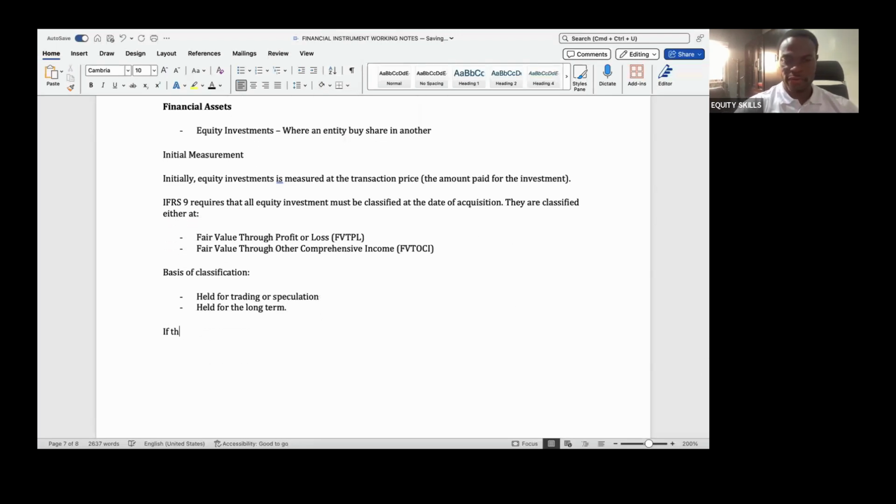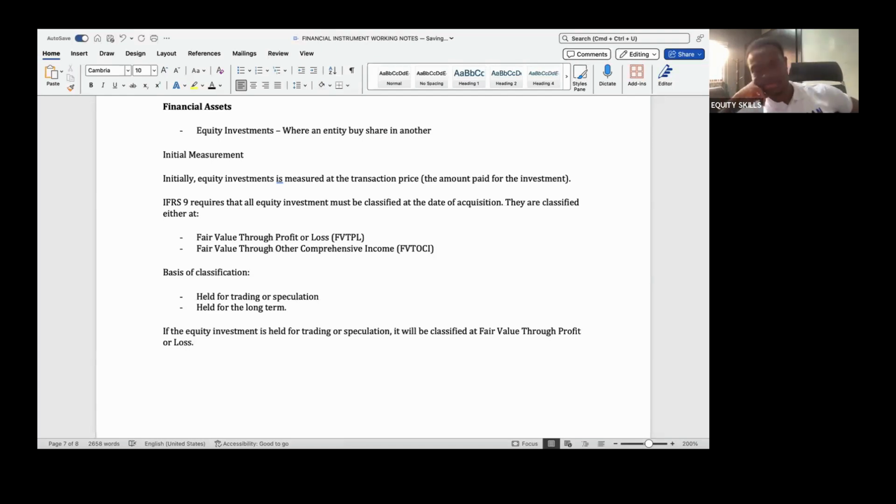So if the equity investment is held for trading or speculation, it will be classified at fair value to profit or loss.